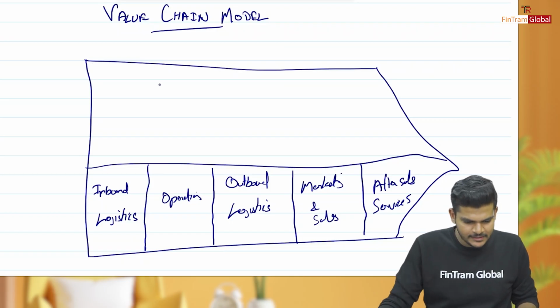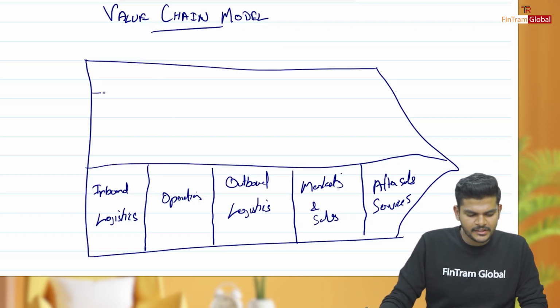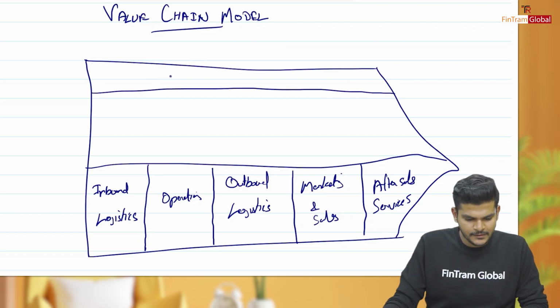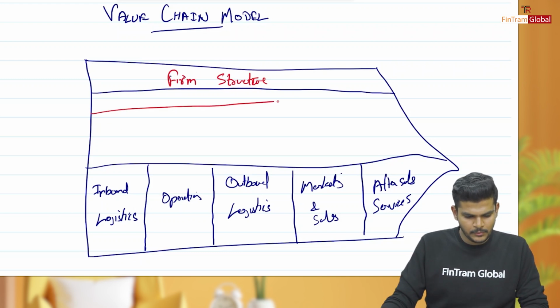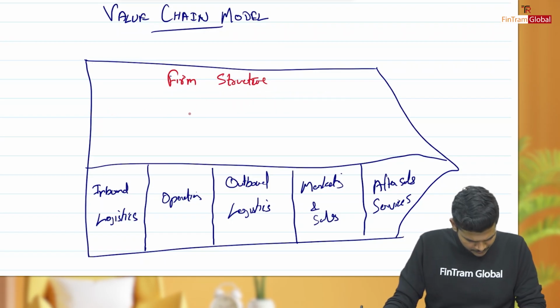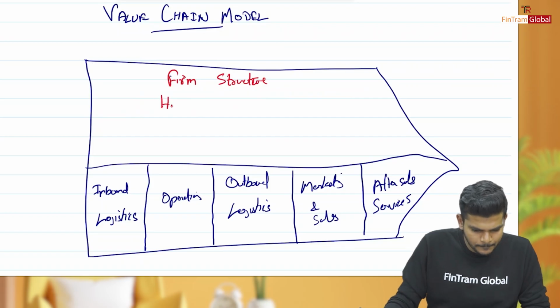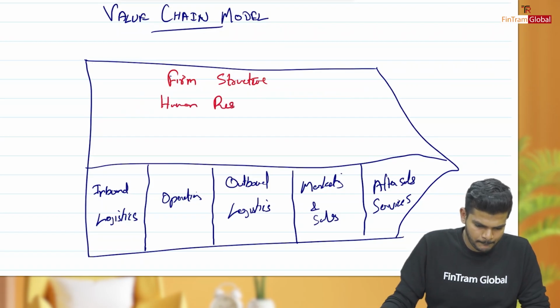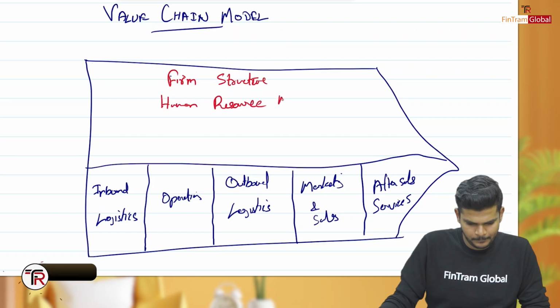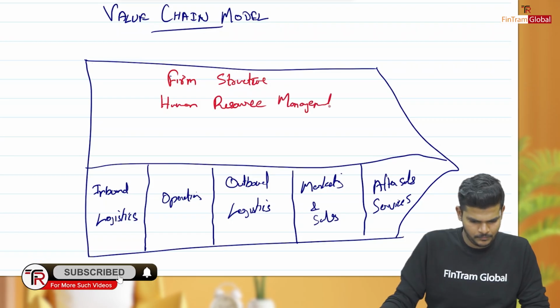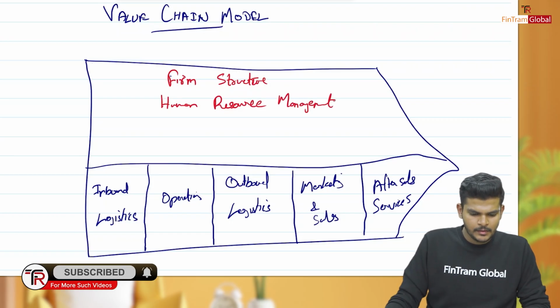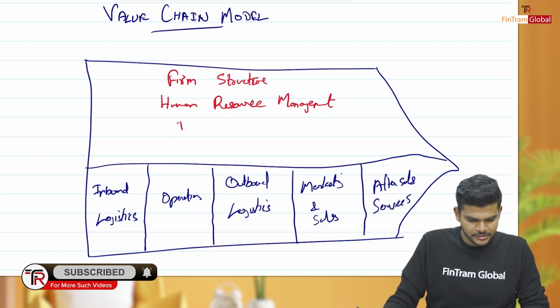What about secondary activities? Secondary activities would include elements like, first of all, the firm structure, right? What is the overall structure of the firm? That needs to be looked into. And then what else? Other than that, there's the human resource management. What else? There would be infrastructure, of course.